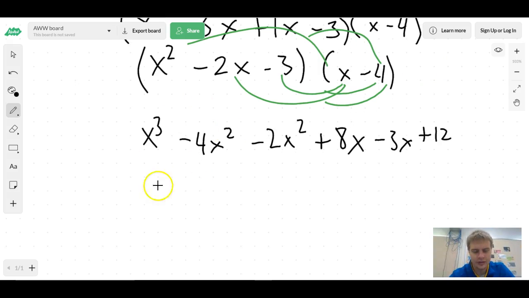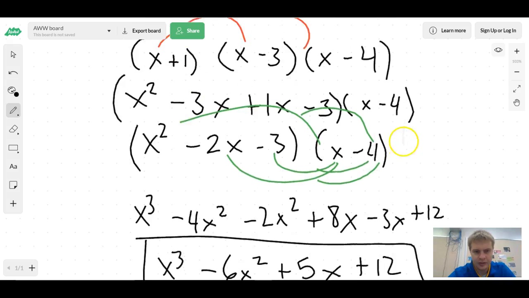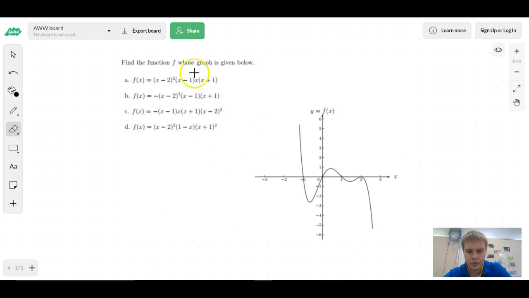Now we're going to combine like terms. So we're going to get x cubed minus 6x squared plus 5x plus 12. And this should be my final answer. Let's see if that's one of my choices. And it is. That would be B. Just make sure when you're doing this that you change your zeros to factors and then you just multiply through.